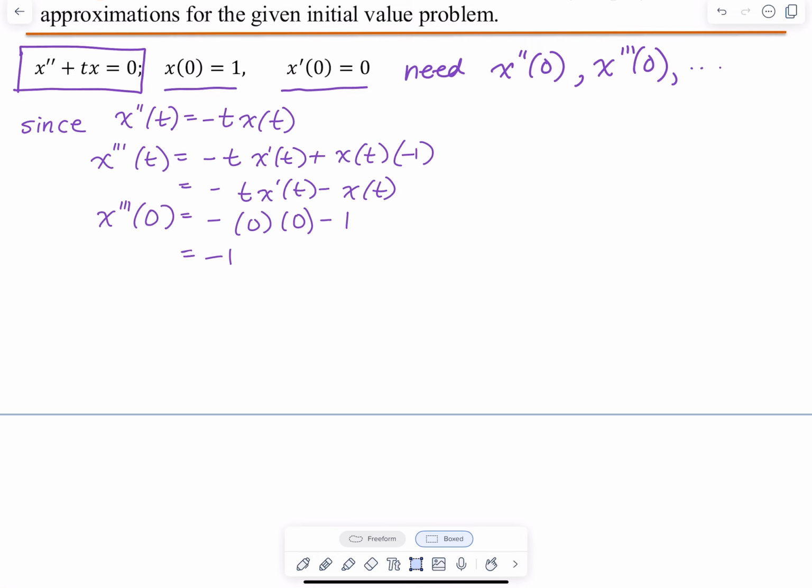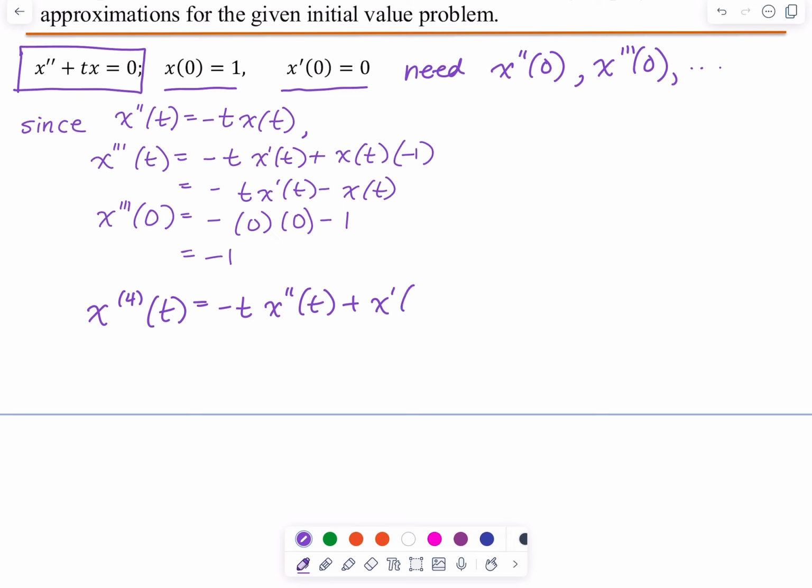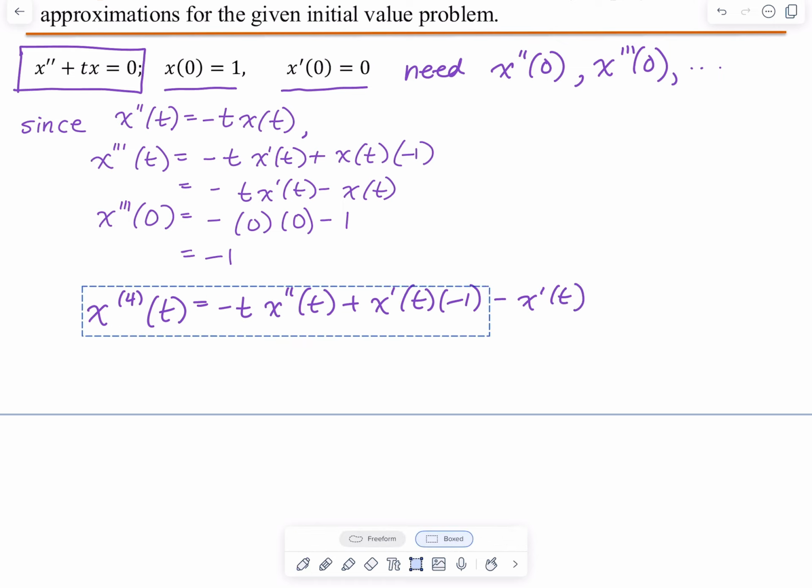We can go ahead and find the fourth derivative of our function x, and that's going to be equal to the opposite of t multiplied by the second derivative of x plus that first derivative of x multiplied by negative 1, of course, then minus x prime of t. So that's our fourth derivative.